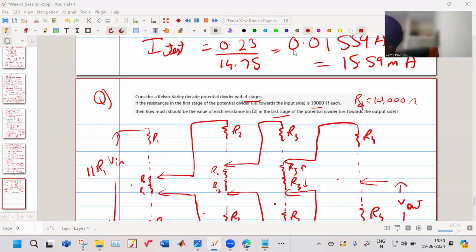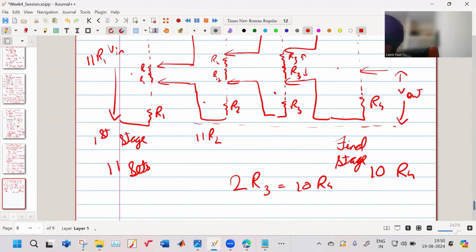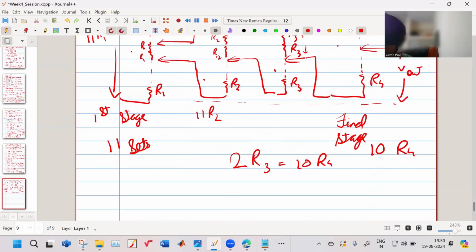In the first stage, it is R1. So your R1 is equal to 10,000 ohm. What happens is your R4 is actually equal to R3 upon 5. Right? 2R3 is equal to 10R4, so your R4 is equal to R3 upon 5.